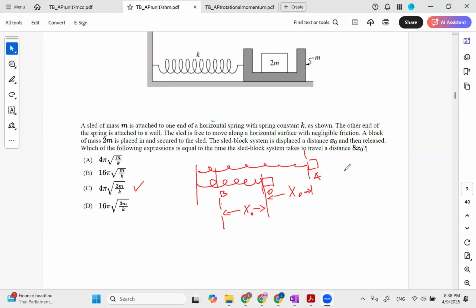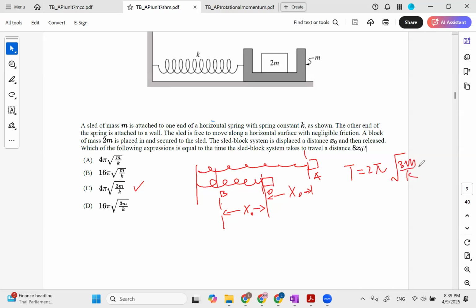Pattern, can you explain how you get C? I think it was T equals 2 pi square root of 3m over k. Okay.